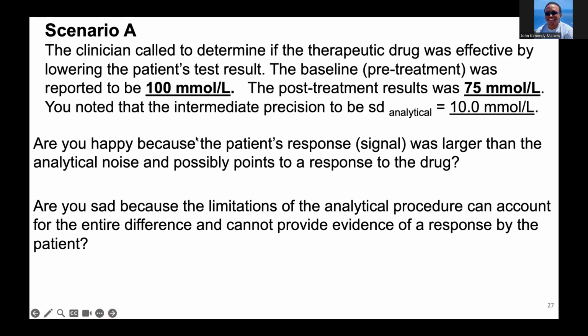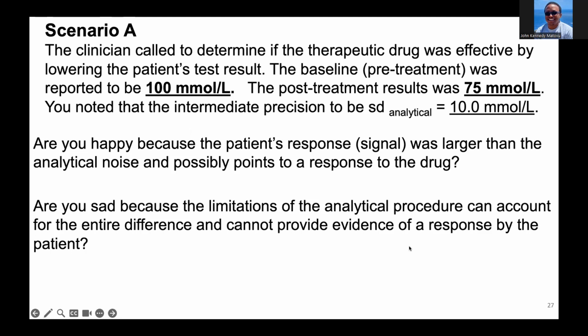Happy, happy, happy, happy, happy. Let me ask somebody, Michael, why are we happy? Tell us why we're happy before we look at the answer. Okay, we were expecting the drug to reduce the value. So pre-treatment, the result was 100, and then post-treatment, the result was 75. So actually, it has reduced. This is our expectation.